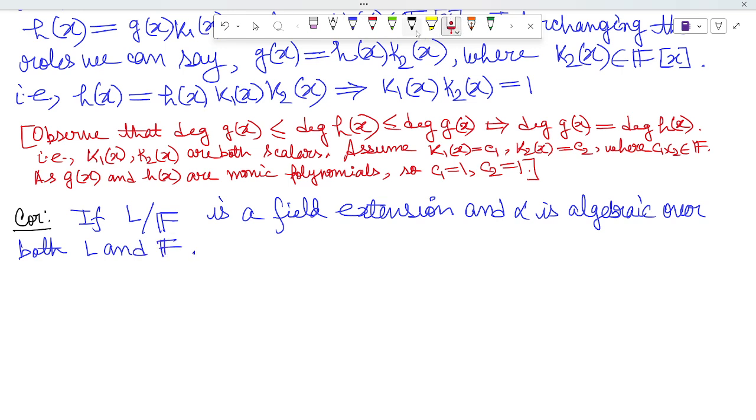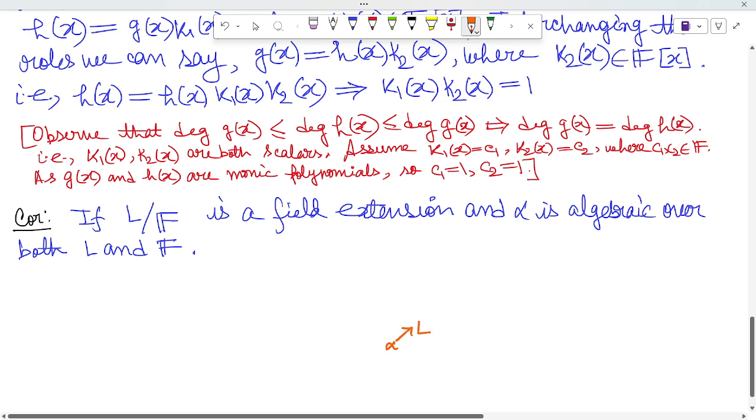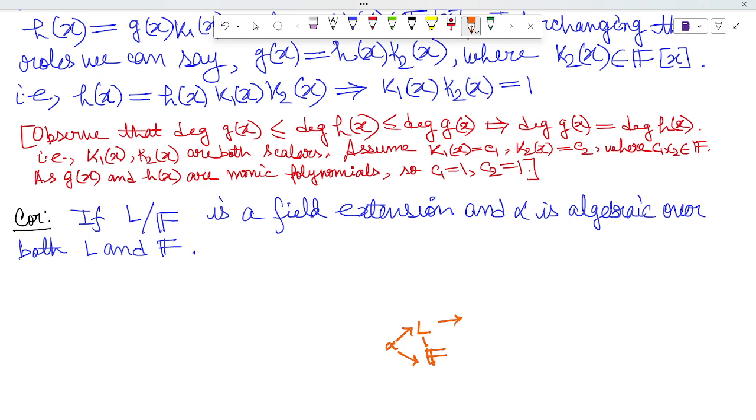So alpha is algebraic over F, and alpha is also algebraic over L. So alpha will satisfy, according to the above theorem, a minimum degree polynomial over L. Also alpha will satisfy a minimal degree polynomial over F. Now suppose this is the extension, F is the base field and L is the upper field.